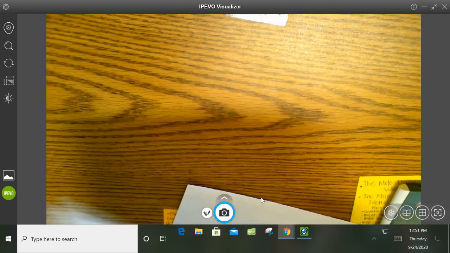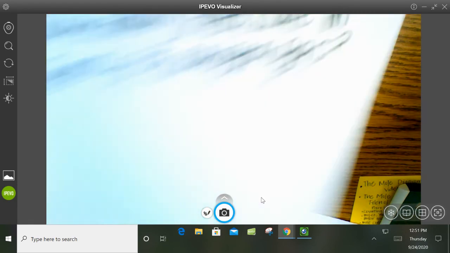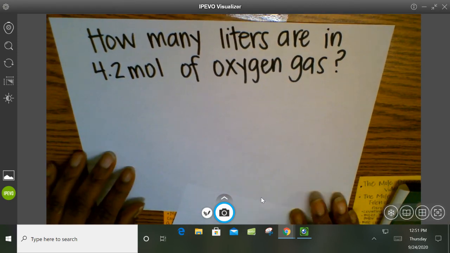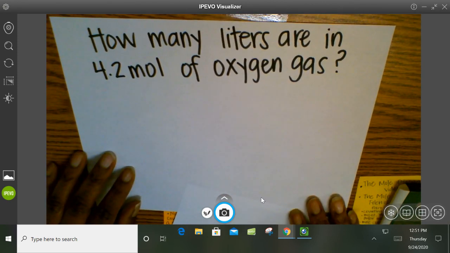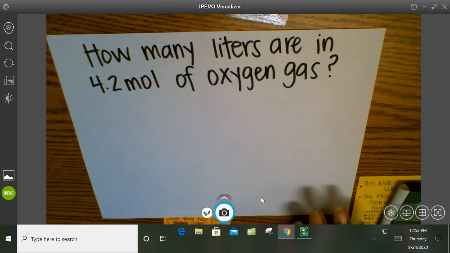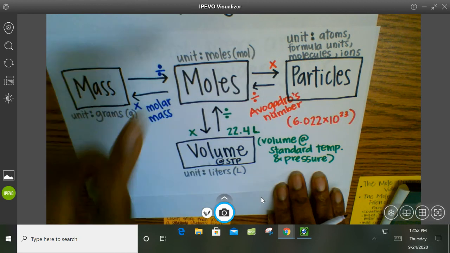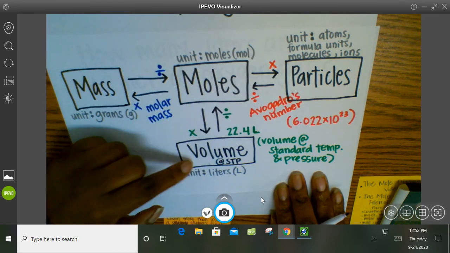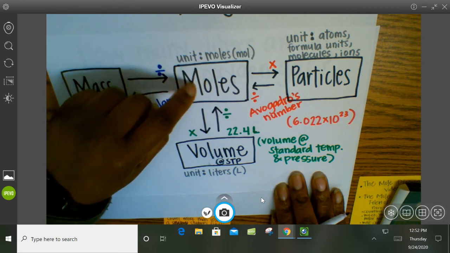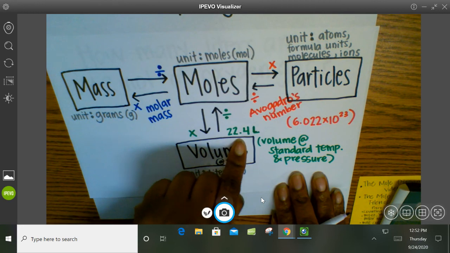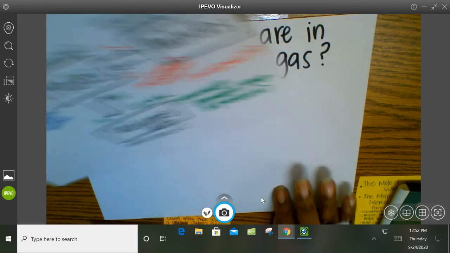We have one more example that we're going to go through, and this one is how many liters are in 4.2 moles of oxygen gas. So I'm going from moles to liters, which is volume. I'm going to multiply my given by 22.4 liters.